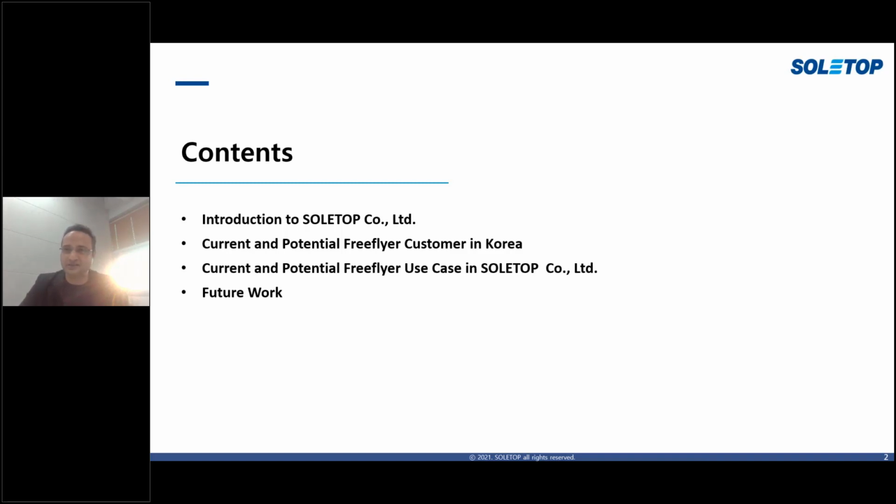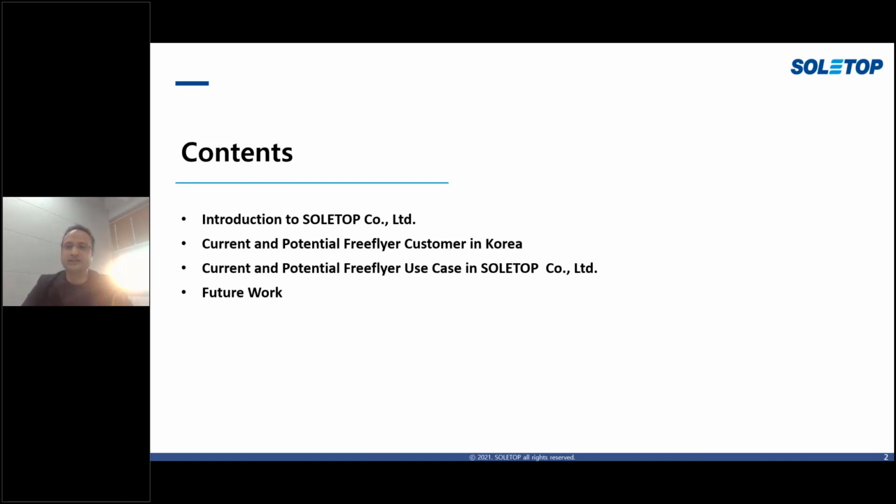We were backstage in the previous FreeFlyer Expo, but now we have come up front and wanted to participate and show what we are doing and how we are changing the dynamics here in Korea with respect to astrodynamics software like FreeFlyer.